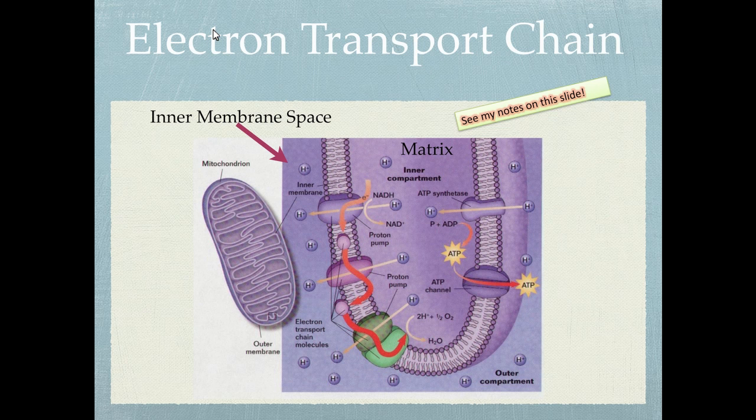Proton pumps, or hydrogen ion pumps, were used to pump hydrogen ions into the inner membrane space, creating a concentration gradient. Those then flew back into the matrix, and the flowing back through the ATP synthase enzyme triggered the enzyme to form ATP.